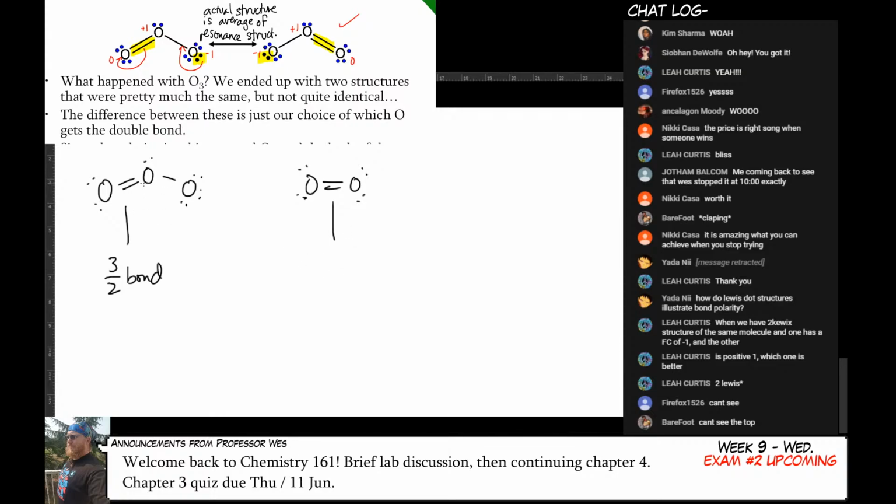There's the resonance structure for ozone, or one of them, and it has a 3/2 bond. Oxygen has a double bond. Which of those numbers is bigger, 3/2 or 2? The one with the bigger bond is going to be the stronger bond.